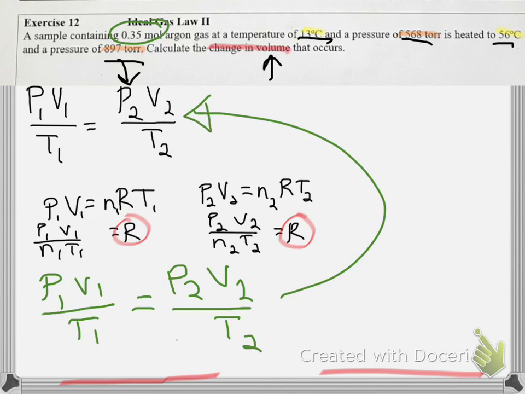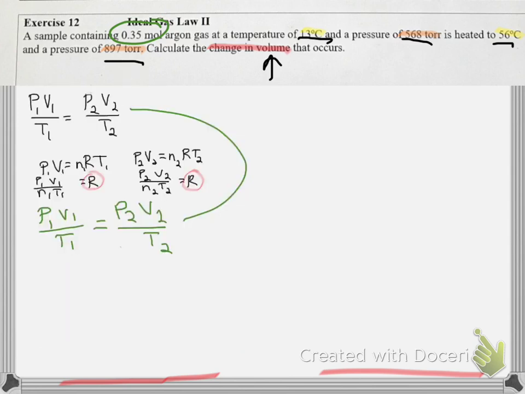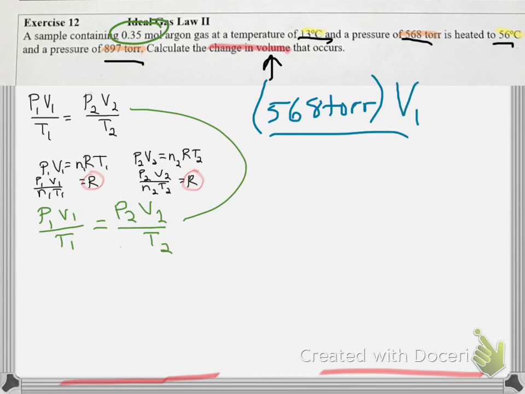So now it's time to plug in my numbers. So I'm told that I start with a pressure of 568 torr and a volume of, I'm not told that, so I'm going to leave it as V1. I don't know my volume. And a temperature of 13 degrees Celsius.